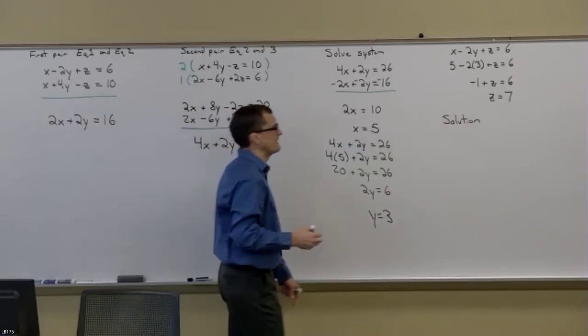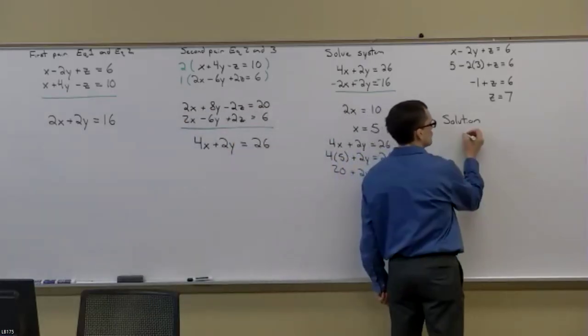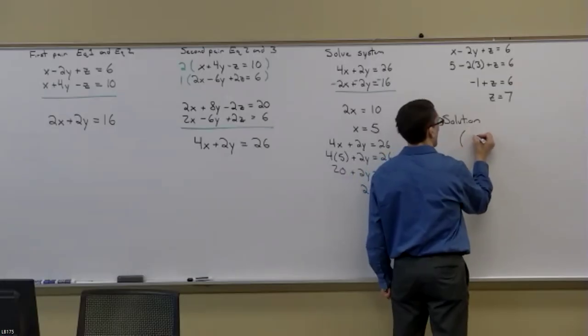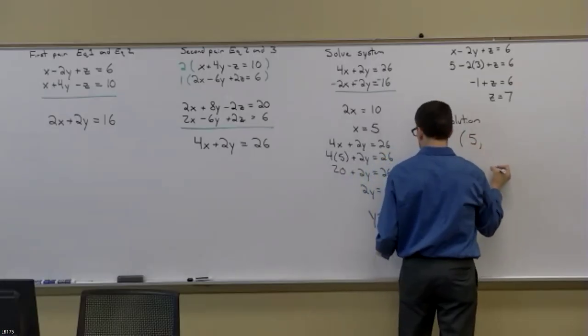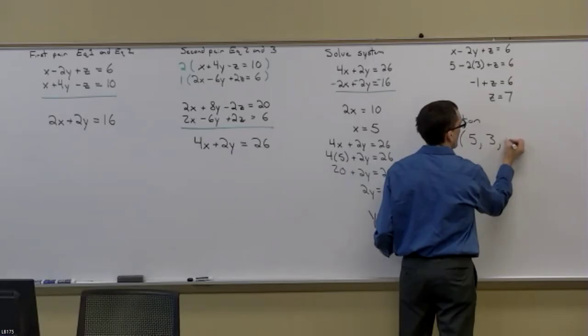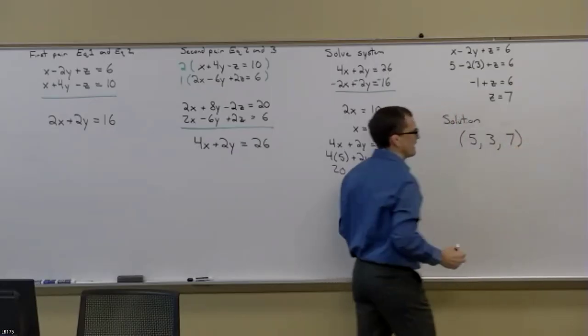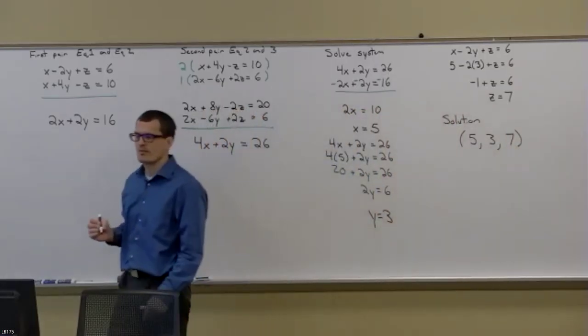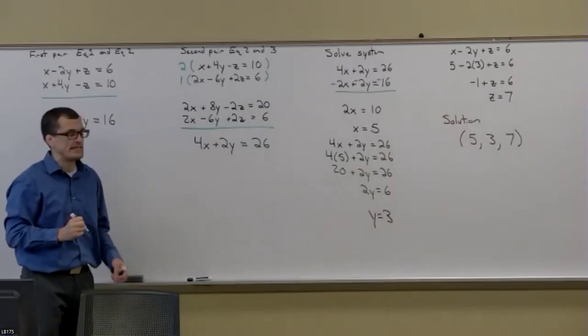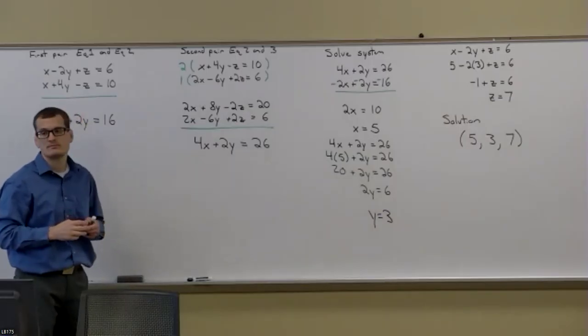Some people would write that as an ordered triple instead of an ordered pair. They write an ordered triple: 5, 3, 7.